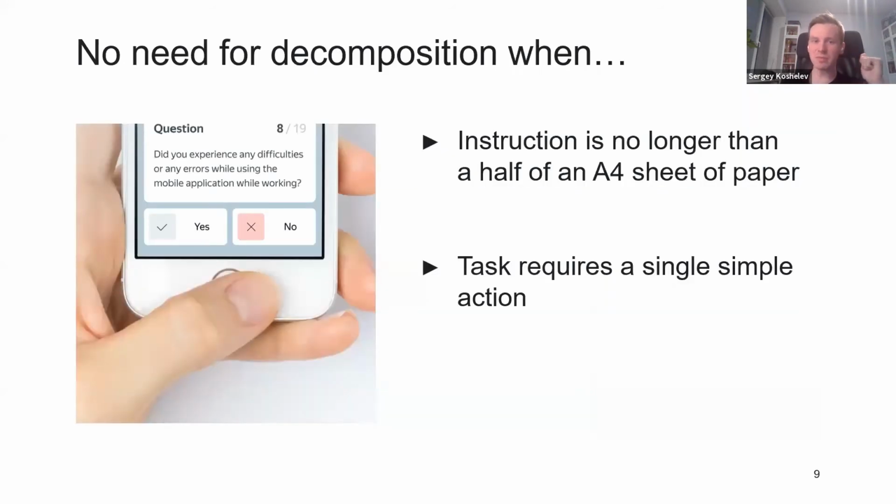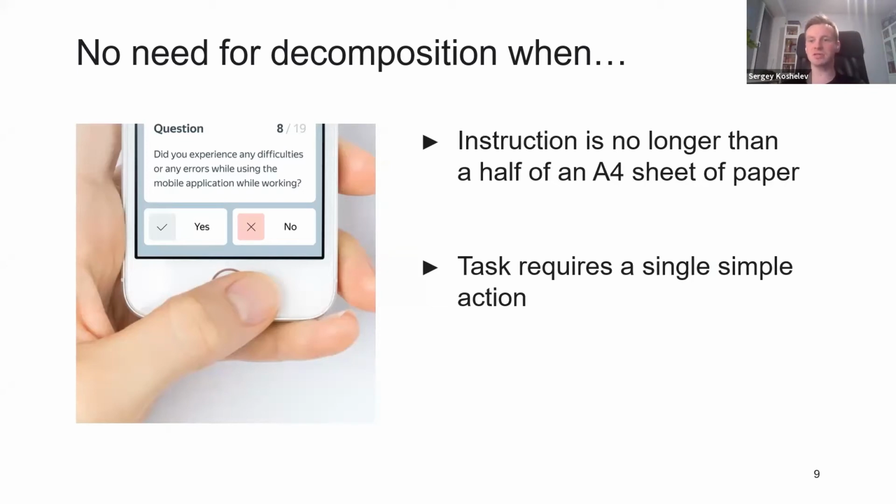So, as a rule of thumb, within basically any crowdsourcing platform, you can be sure that you broke down your task accordingly when you have a short instruction, like in terms of real-life physical objects, it's like half of an A4 sheet of paper. And ideally, your task should require just a single action.